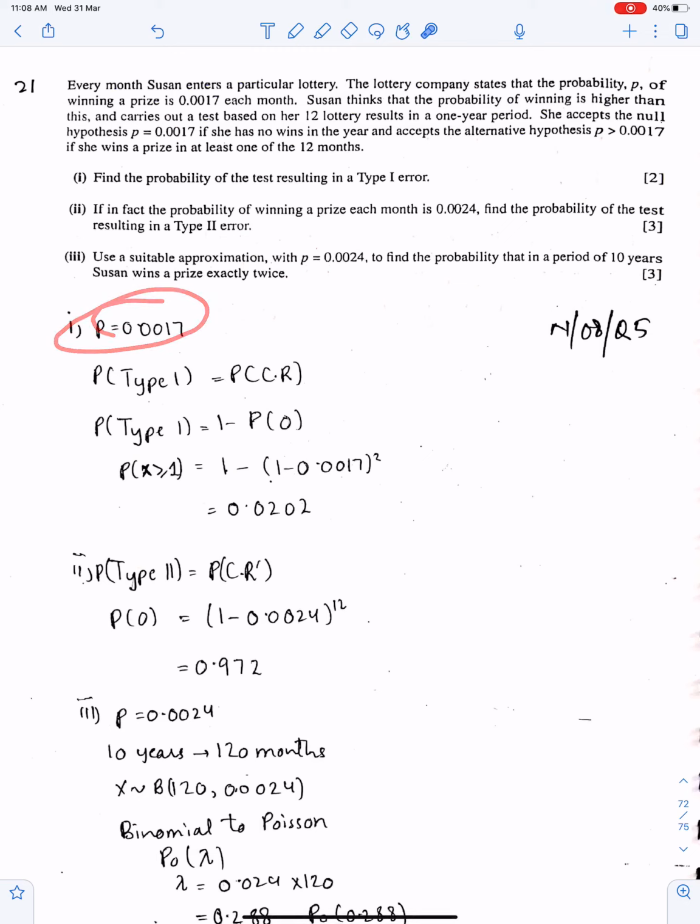So this is p. Type 1 means the critical region, and the critical region is this. She accepts the null hypothesis if she has no wins in the year, and accepts the alternative if she wins a prize in at least one of the 12 months. So the critical region is this: at least one of the 12 months means x is greater than or equal to 1 up to 12.